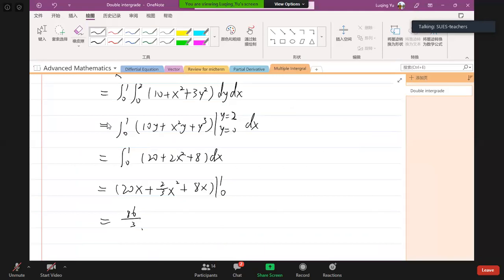So what is the partial derivative of this function with respect to x? How can we find the answer? The partial derivative with respect to x is symbolized by f sub x.